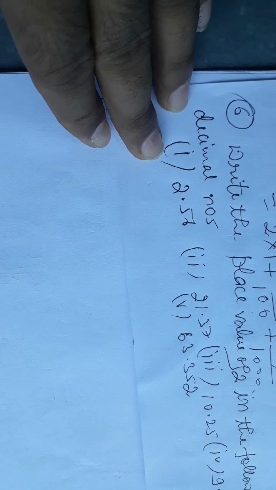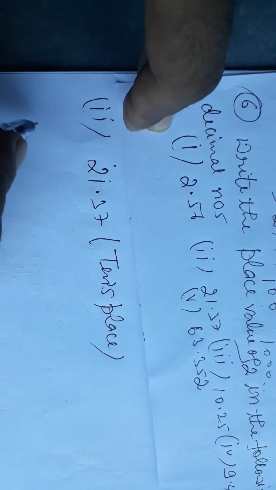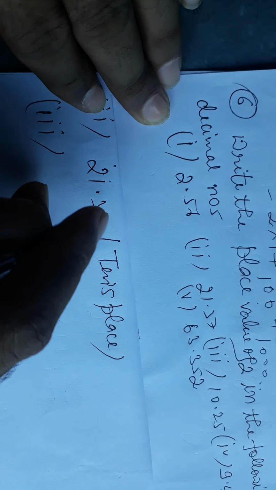Okay, ones. Next one is 21.37. Here this is ones place and this is tens place, so tens place. Next one is the third one, 10.25.